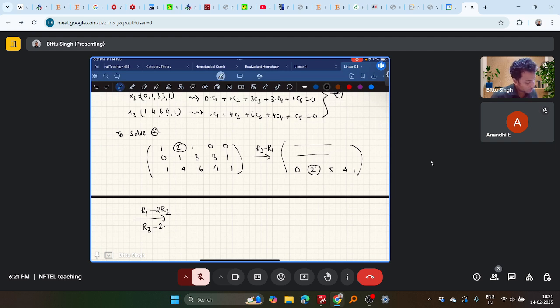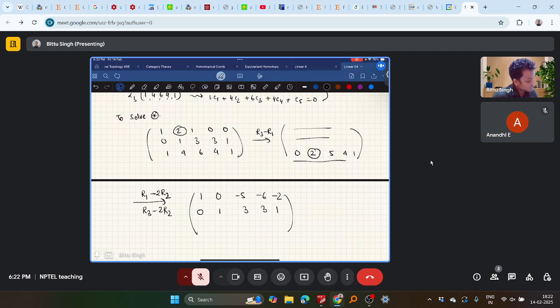And similarly, R3 minus 2 R2. We just subtract the second row. The second row is unchanged, 0 1 3 3 1. But the first row becomes 1 0, now 1 minus 6, which is minus 5, 0 minus 6, minus 6, 0 minus 2, minus 2.